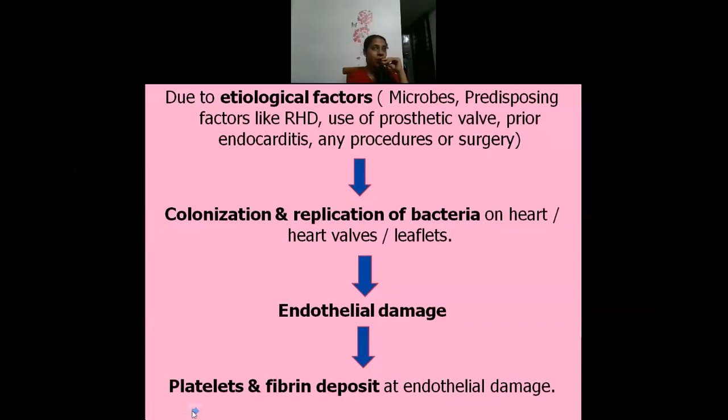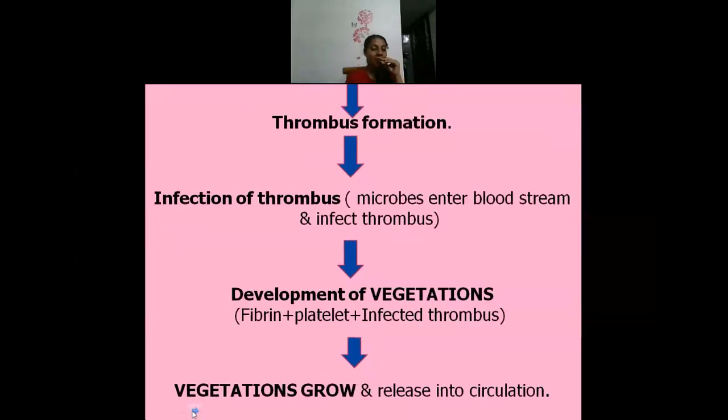So when they are affecting the heart, it may not only affect your valve, but also it will affect your endothelium. And whenever there is endothelial damage, what will happen is the platelets and fibrins will start to deposit at the endothelial region where there is damage.